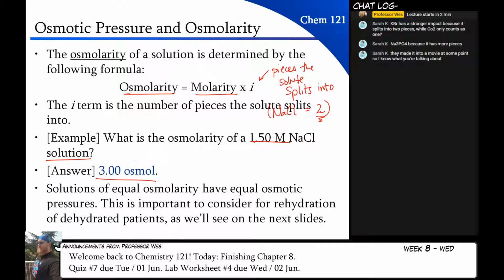Now, this is just a nice unit that we can use when preparing any solution that we want to. If I know the osmolarity of blood, which is written on the side of the IV bag, you can make any other solution you want to with the same osmolarity, and it will be isotonic.